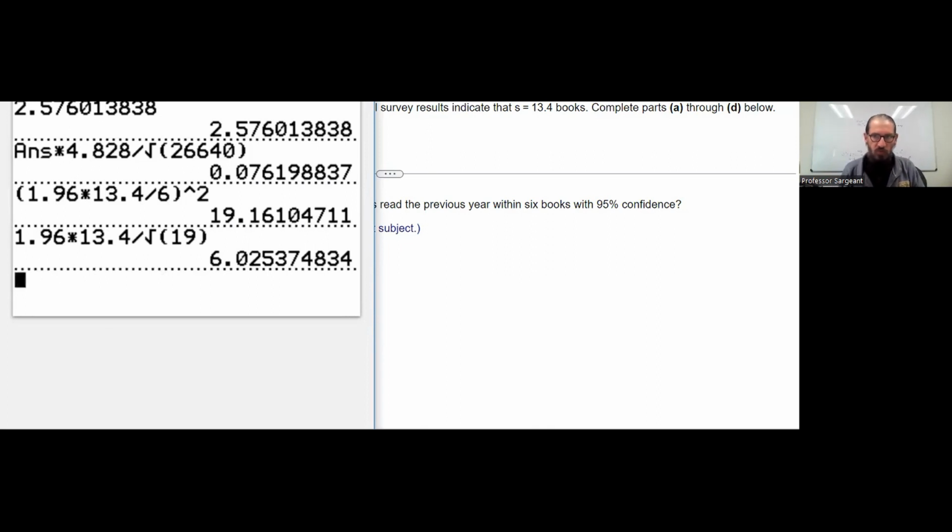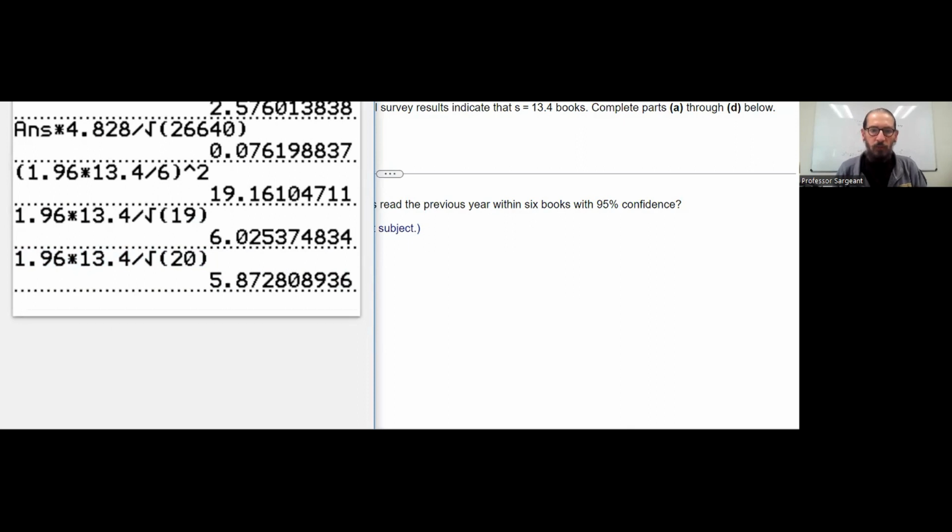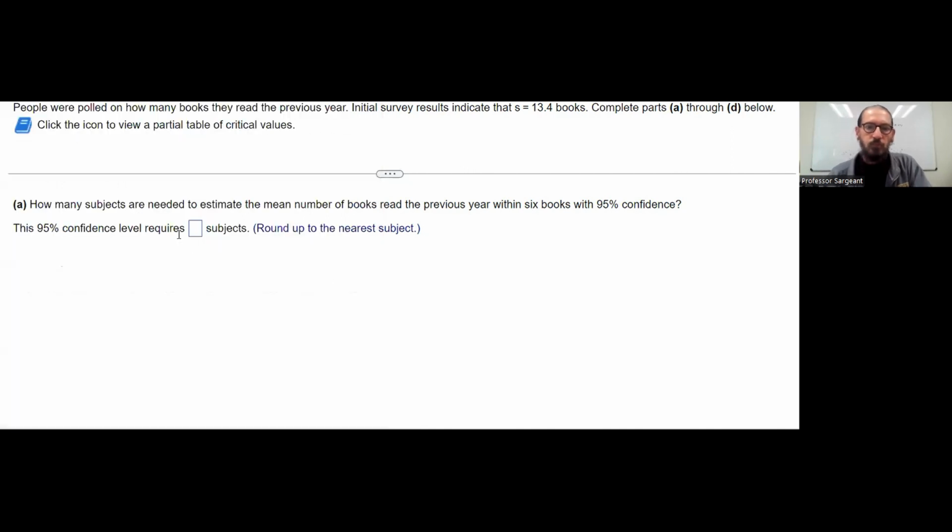We don't want to exceed that. It's a tolerance level. We want within 6 or less. So if we always round up when computing sample size, according to that formula, round up to the next integer, then we will get within the 6 that we wanted, or whatever the margin of error we're given. So that would round up to 20.